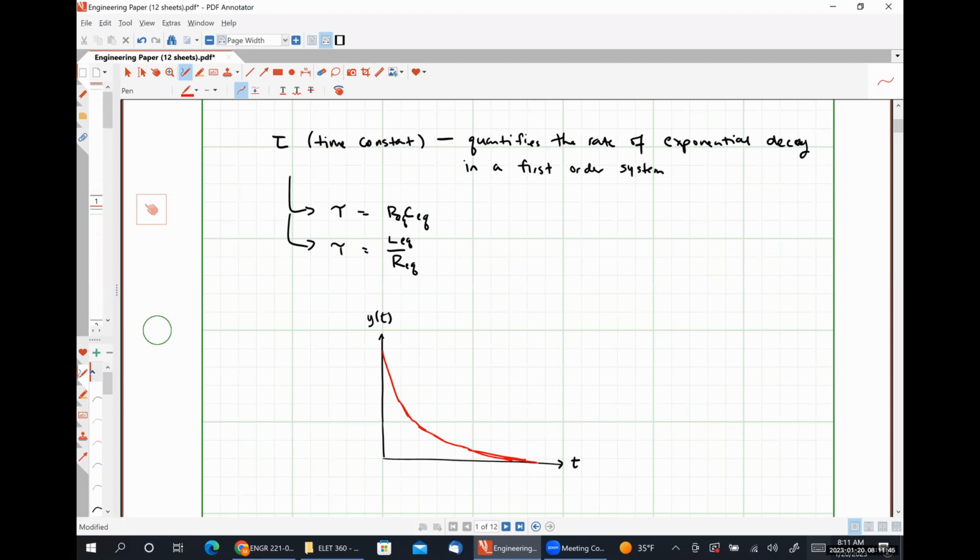Like so. This value right here is y at 0.